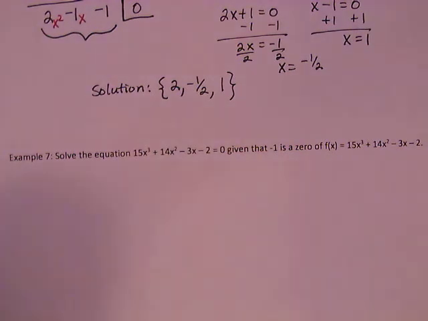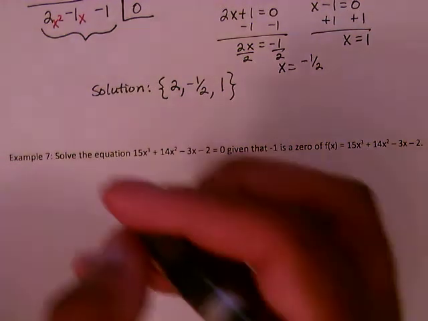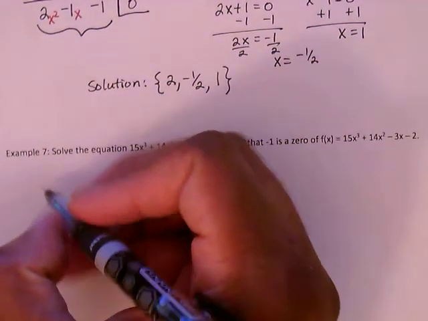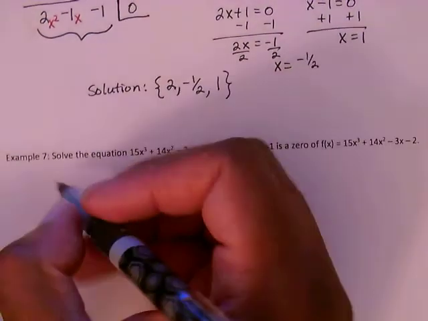Given that negative 1 is a 0 of the function f of x equal to 15x cubed minus 14x squared minus 3x minus 2. In this case, I know that negative 1 is a 0 of that function.